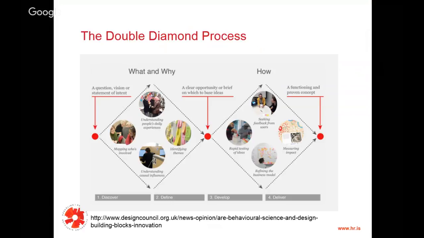So you are in the middle red dot now, and actually you should have a clear vision now of the opportunity on which to base your ideas for the design. But in the next two projects, you will work here in the second diamond to the right.